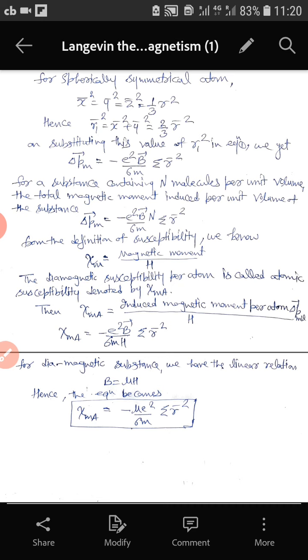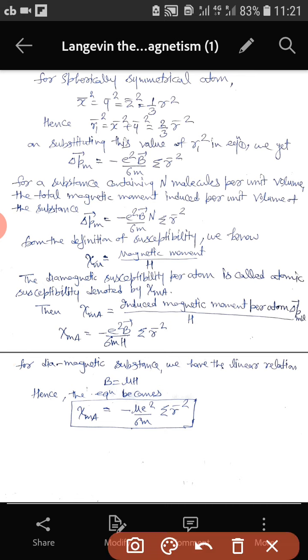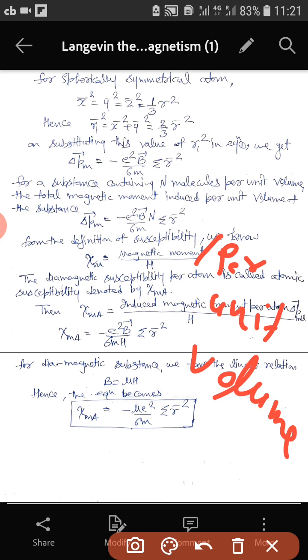Here, chi m is magnetic moment per unit volume, and that is why n is there in that expression. But per atom we have calculated, which is why n gets eliminated here.